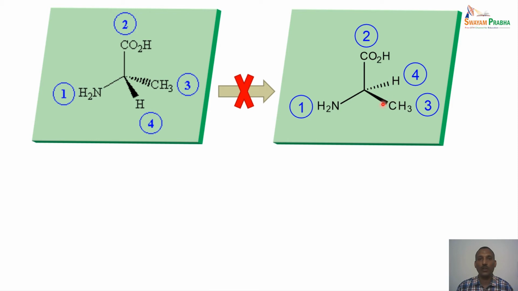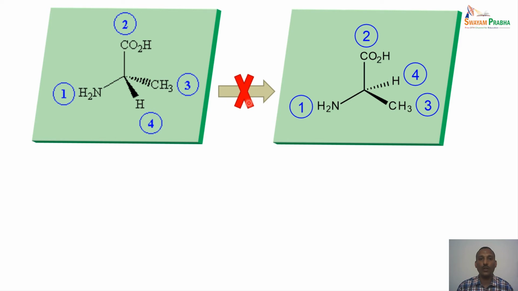Only rotation of the bonds is allowed. If we have to move this hydrogen from the front to the back, we literally have to break this bond, then break this bond, then reattach them to get this one. Whenever we break a bond, that changes the configuration. So we cannot do that operation, and that is why this operation is wrong.